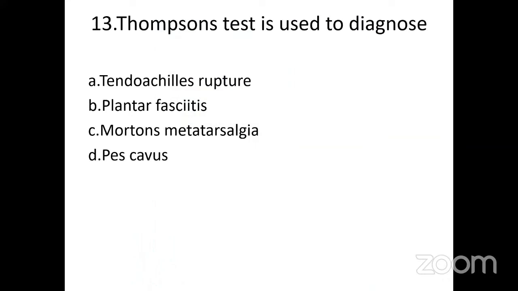Thompson's test is actually the same as Simmonds test, where it's used to diagnose tendo-Achilles rupture. Closed tendo-Achilles rupture is becoming very common nowadays, especially in ladies, especially if they are having dyslipidemia and hyperuricemia, or if they are having some collagen vascular disorders like SLE, rheumatoid arthritis, and all, there can be fraying of the tendons.